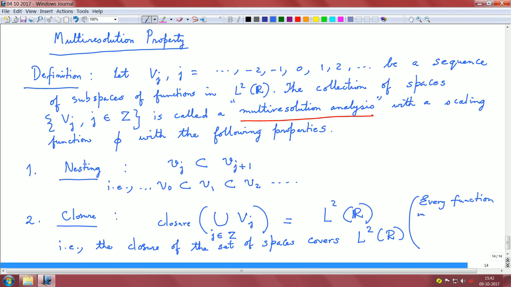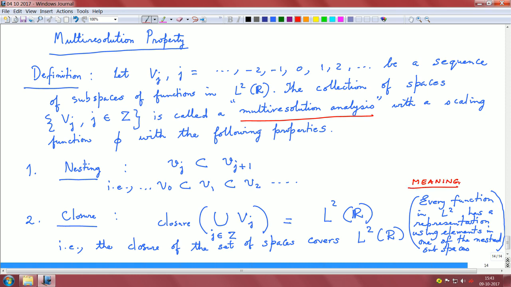I would say this is sort of the meaning or interpretation of this property. Okay.